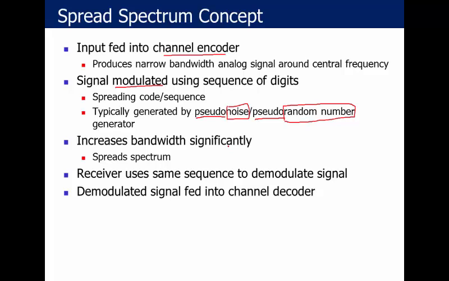And also we can increase bandwidth significantly. The receiver, so we send in this way, and the receiver uses the same sequence, but in reverse. If it is modulated at the sender side, then it will be a demodulation. If it is encoding, then at the receiver side, it will be decoding.